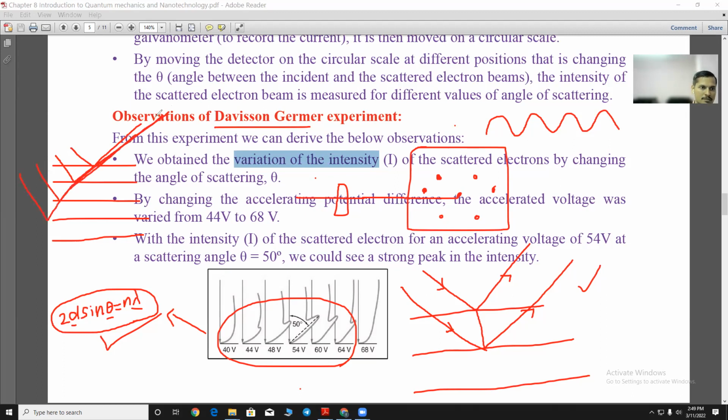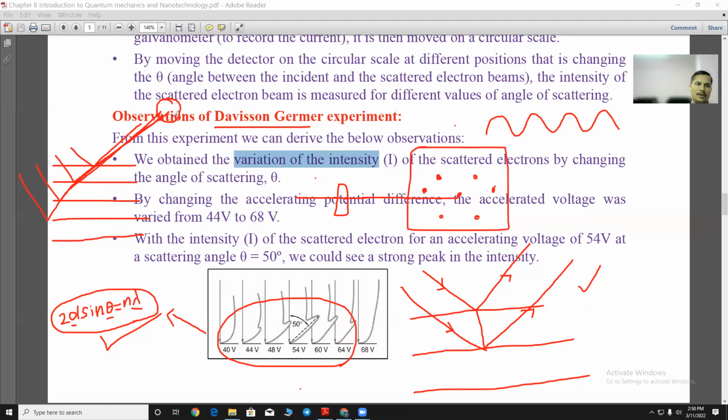Are you getting this? Okay, so they are reinforcing each other in this fashion at different atomic planes, and then and only then we are getting intenser spot when they are satisfying the condition that path difference is integral multiple of lambda.